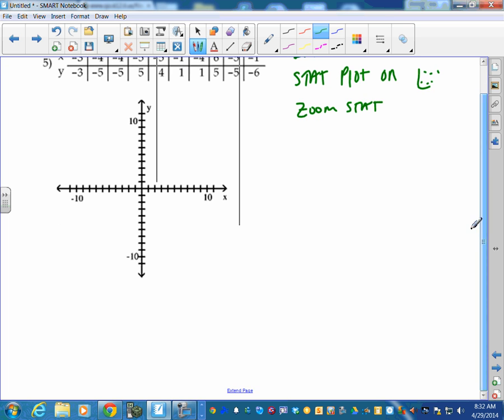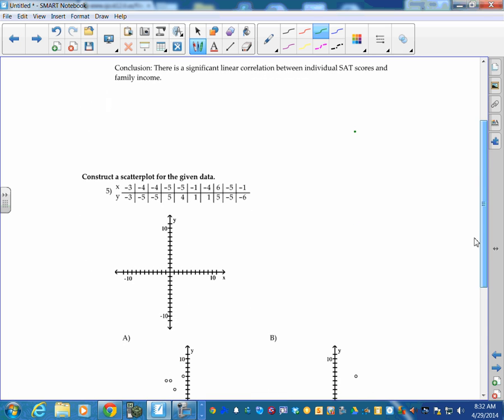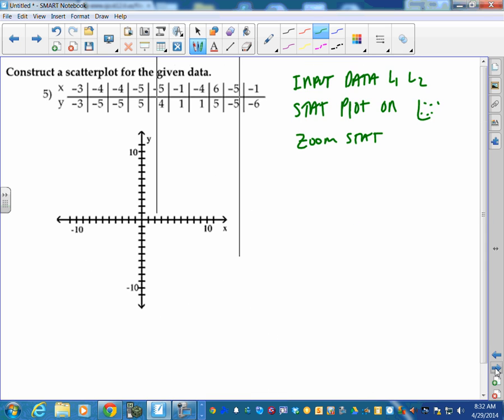Okay. If you took a look at the choices, which in this case we aren't going to use, but remember this is your X, well you can do zoom stat or you can do X max, Y max, Y min, but zoom stat will be fine on the test.